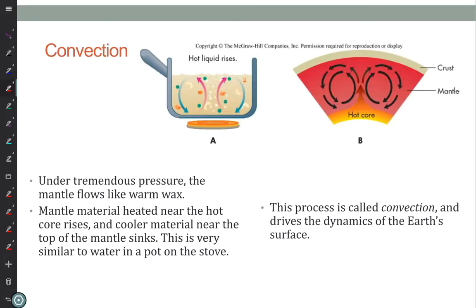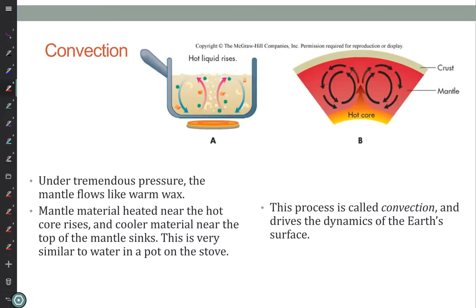So here we're talking about convection because convection is also one of the important things that's going on in the core of our Earth. So you have the hot core that heats material, that heated material expands and rises. And not only does it occur in the core, it also occurs for things like the Hawaiian Islands.